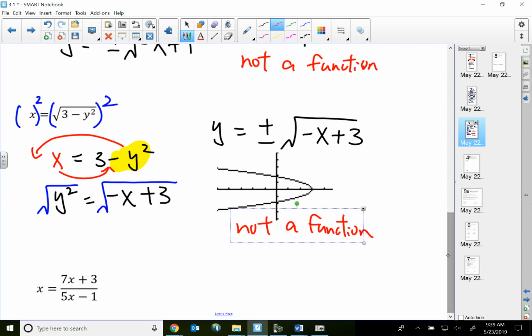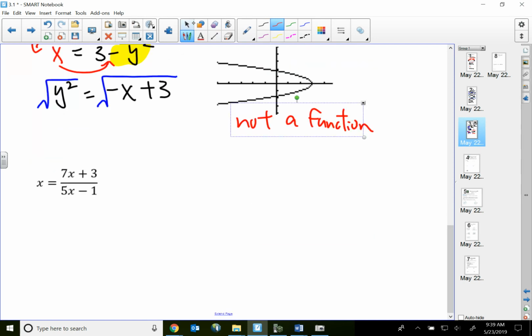All right, let's try this one, okay? This time, this relation, if I want to solve for y, I made a mistake. This is not x. Sorry, let's rewrite the problem again. This is actually x equals (7y + 3) over (5y - 1), okay? So this time my variable y is trapped between two separate terms, one on the top, one in the bottom.